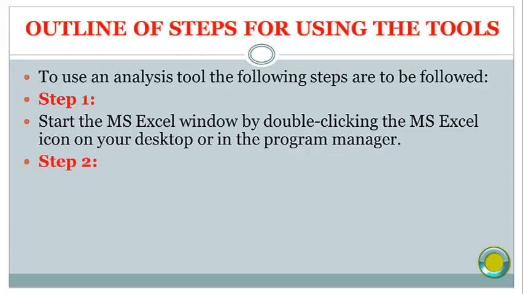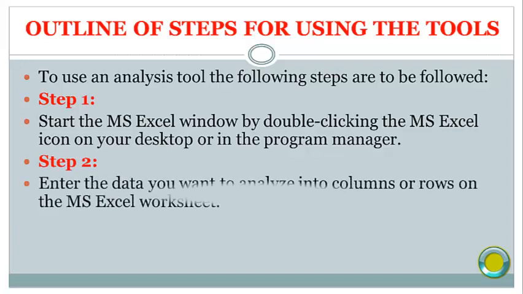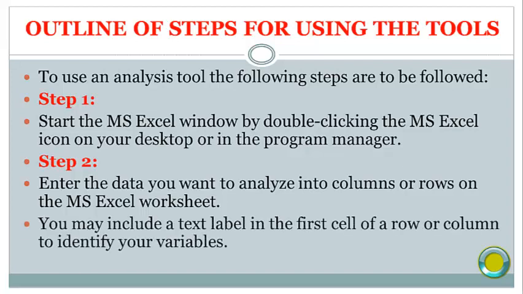Step 2. Enter the data you want to analyze into columns or rows on the Microsoft Excel worksheet. You may include a text label in the first cell of a row or column to identify your variables.